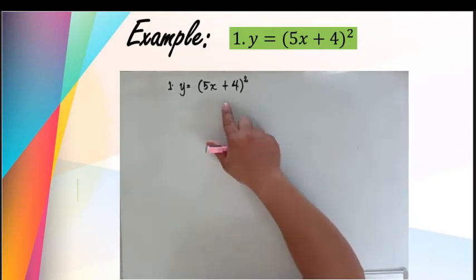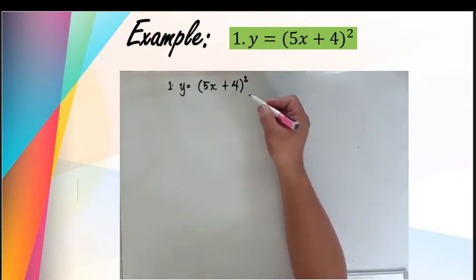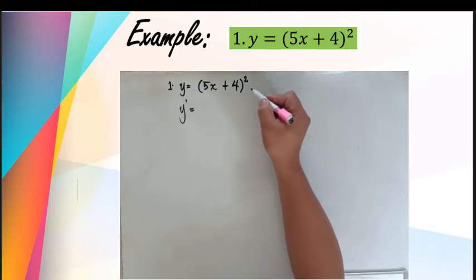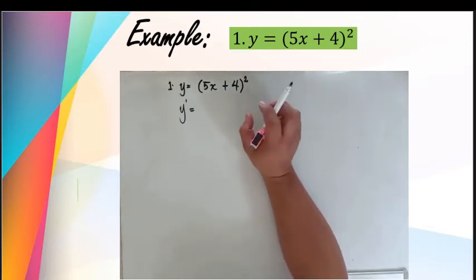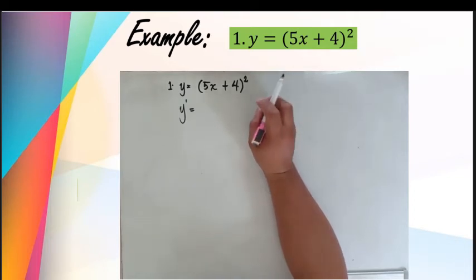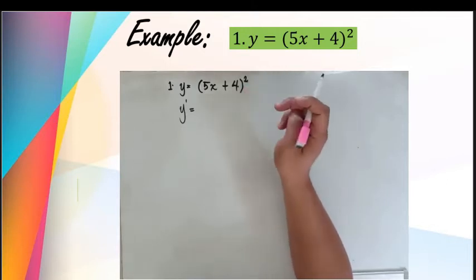But this moment, we will use the chain rule in order to get the derivative of this function. Now let's do it. According to the function, for the derivative of y, which is y prime, we need to get the derivative of the outer function. Then let's proceed to the inner function, because there are two functions here. That's why we call this one a composite function.